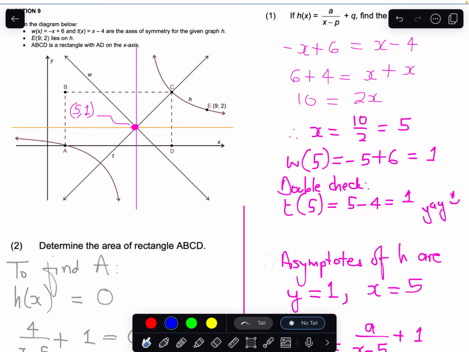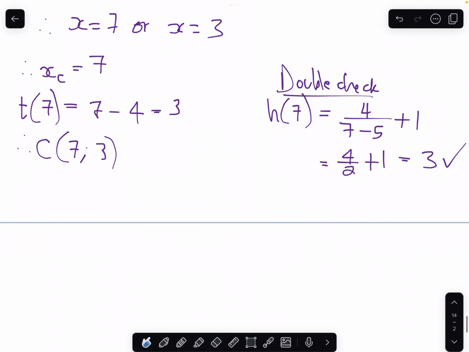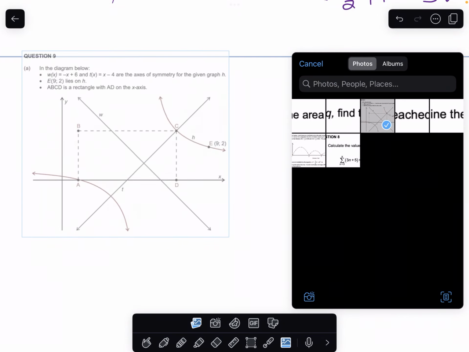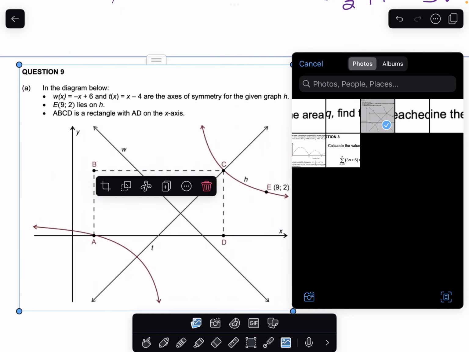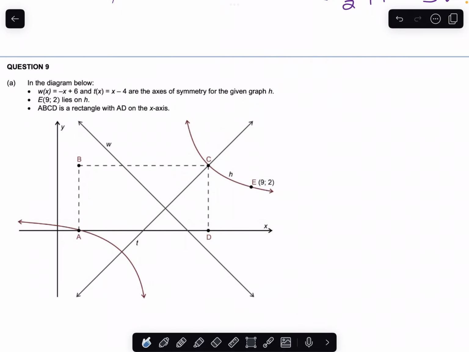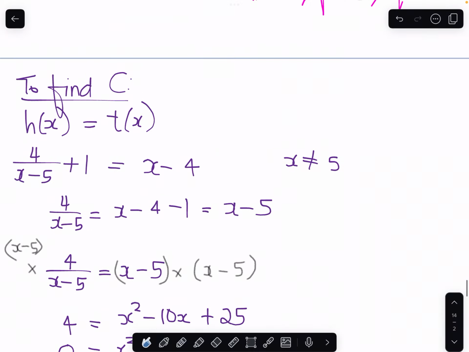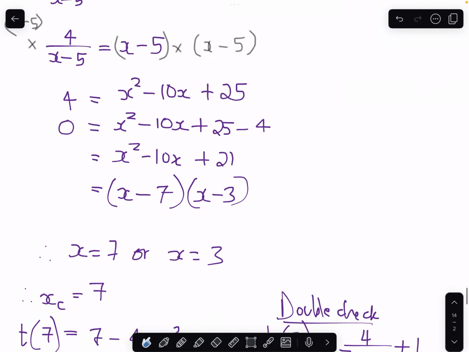Yeah, I'm going to need to get this diagram again, because scrolling up and down is not easy. Okay, so what do we know at this point? We now know the coordinates of C are 7 and 3, and we know the coordinates of A are 1 and 0.